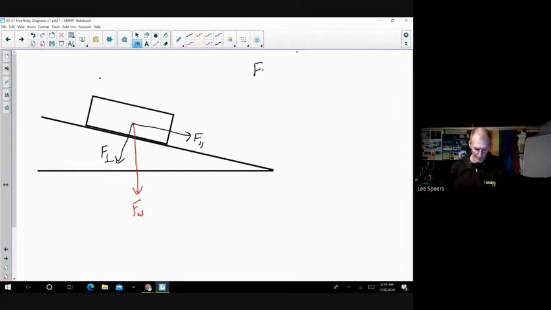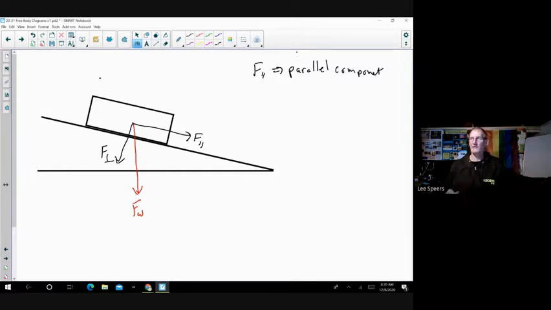So this we call the parallel force or parallel component. And that parallel component, just like we did when we found the x and y components, we're going to use trig functions to do so.